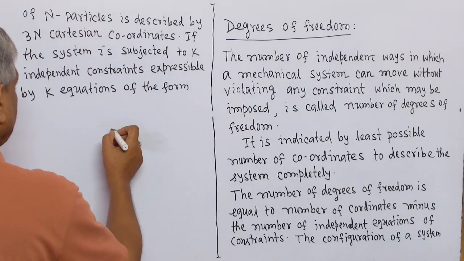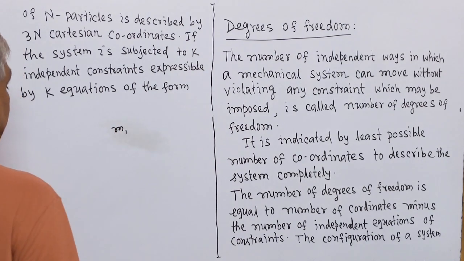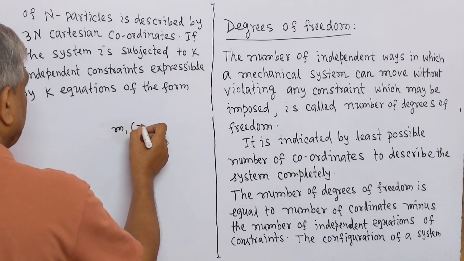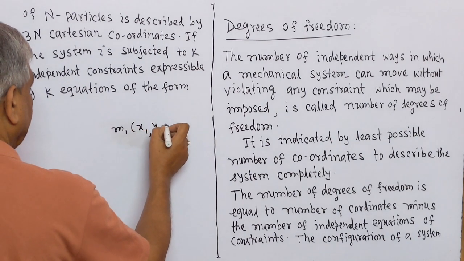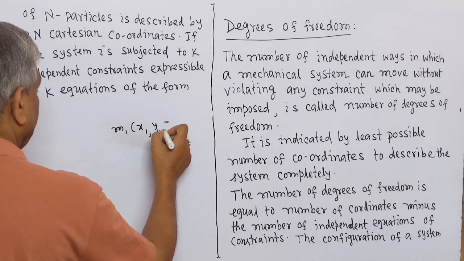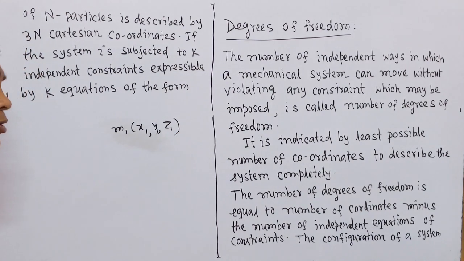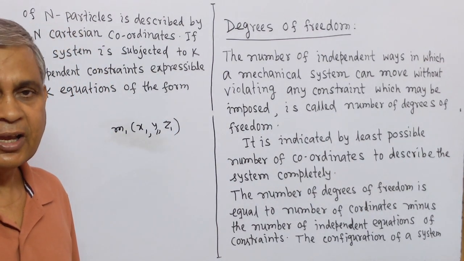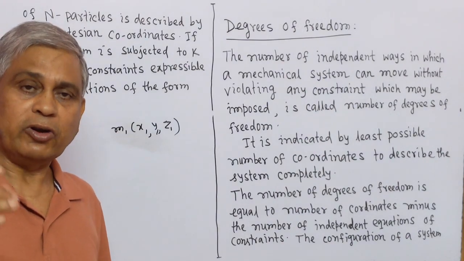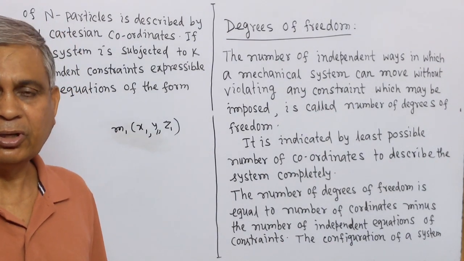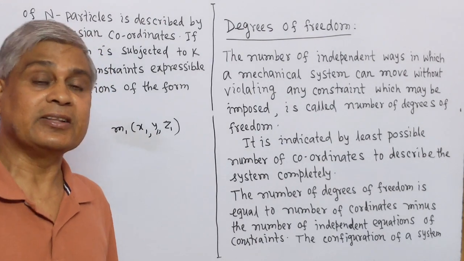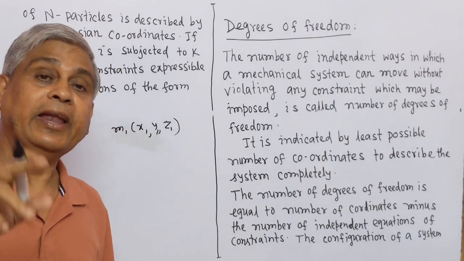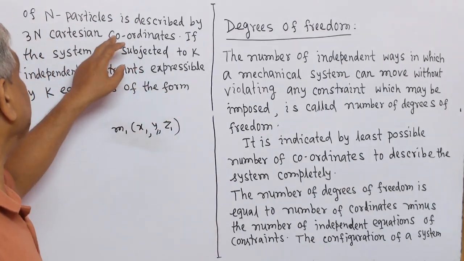For example, M1 be the first particle which needs x1, y1, z1 coordinates to describe its motion. Similarly, the second particle requires other three coordinates x2, y2, z2. Similarly, n particles require 3 multiplied by n coordinates.